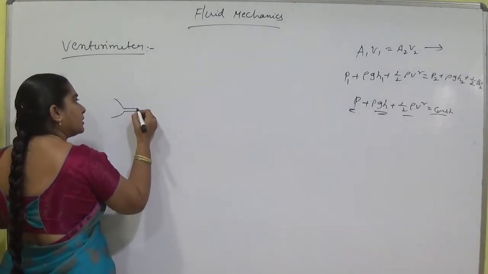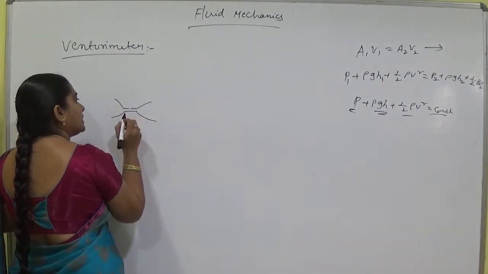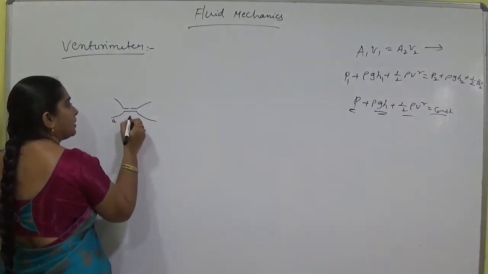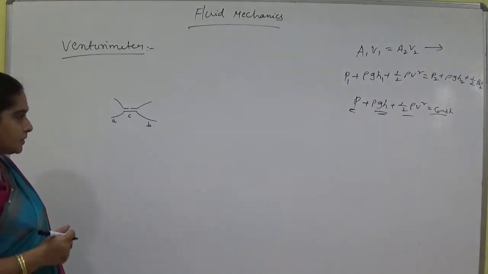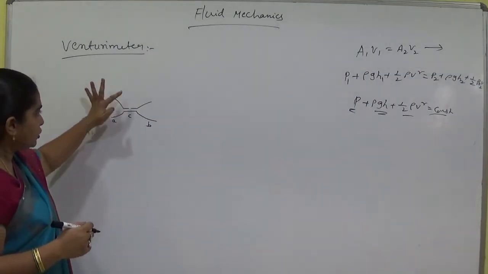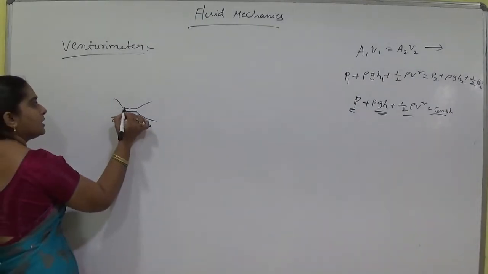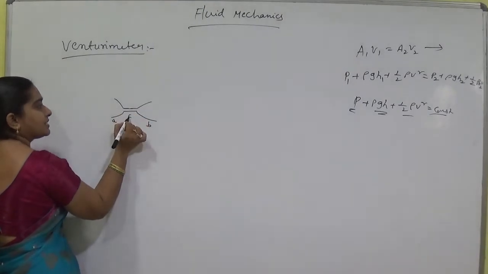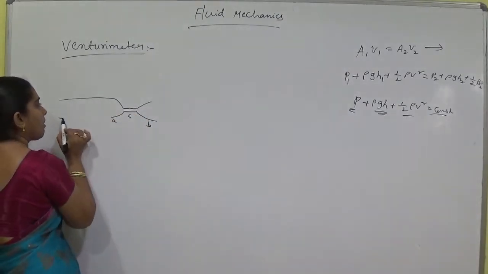The tube ACB: the Venturi meter consists of the tube ACB. In the middle, C is narrow, and it is connected to the long pipe.